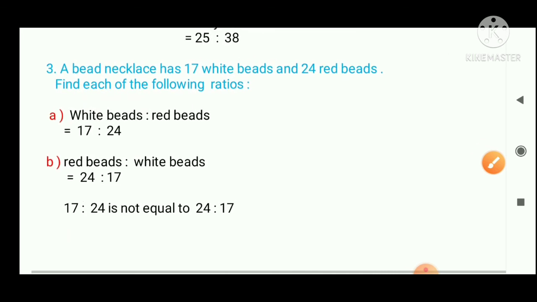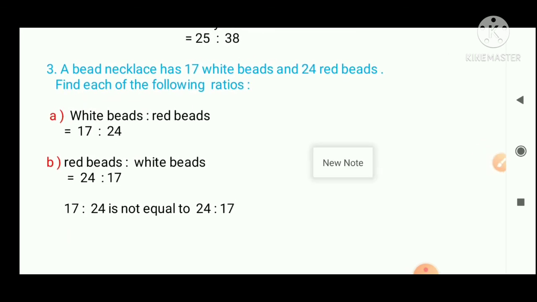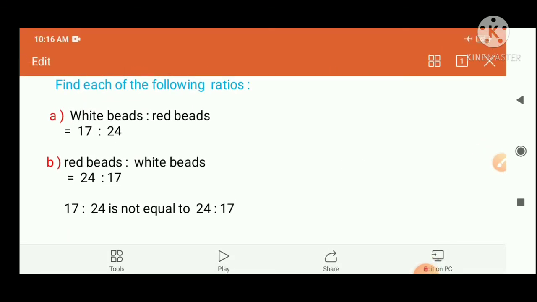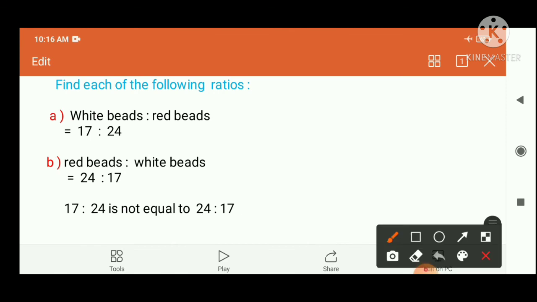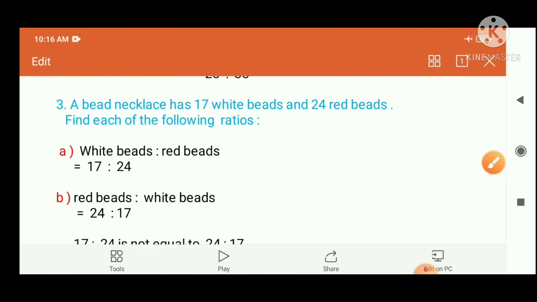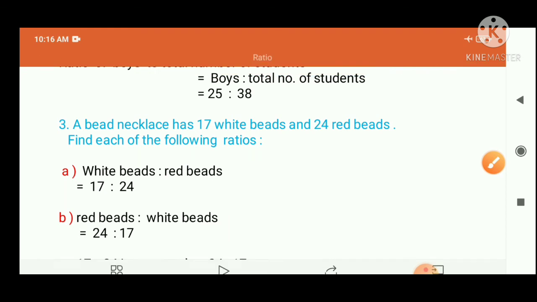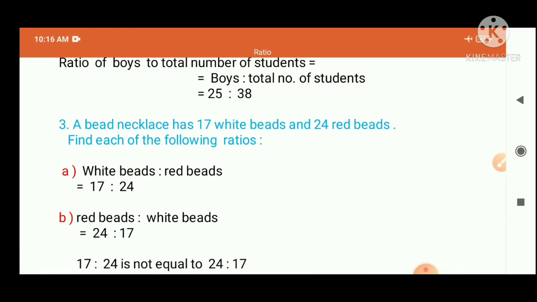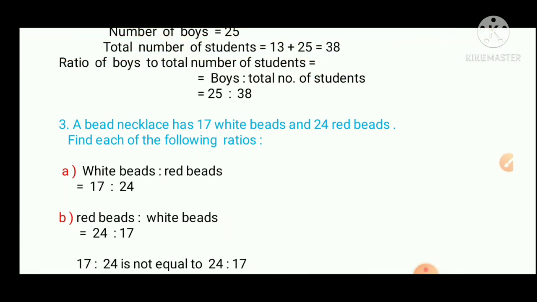Next example: a bead necklace has 17 white beads and 24 red beads. Find each of the following ratios. Now here we have to find the ratio of white beads to red beads.